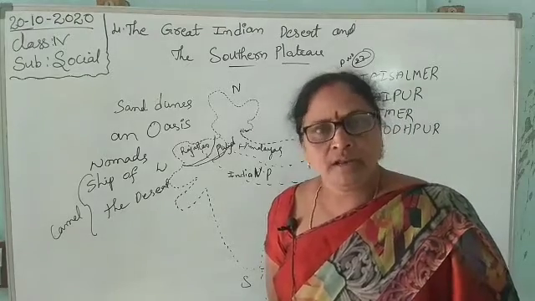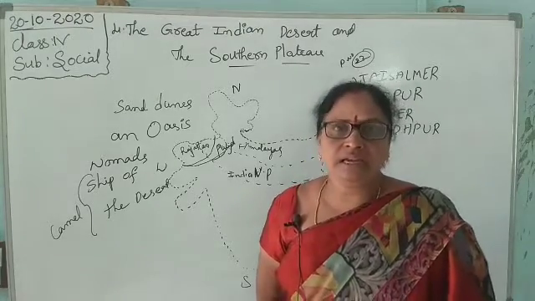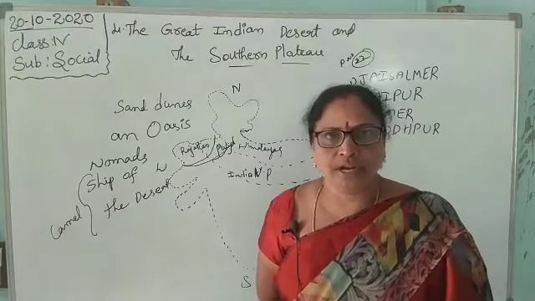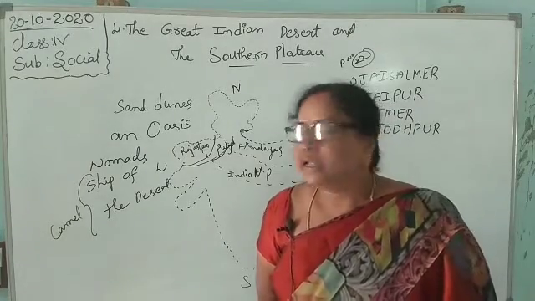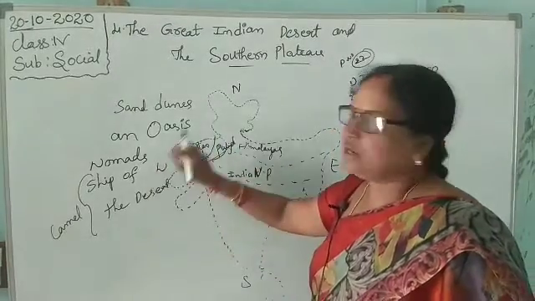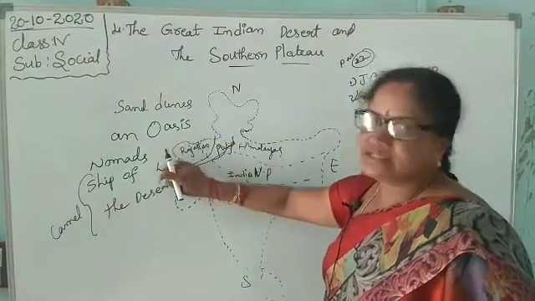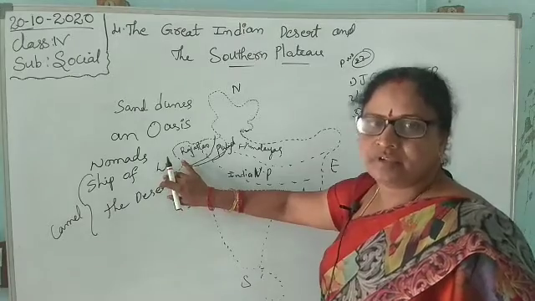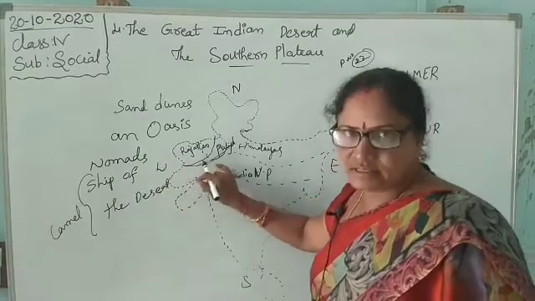In our India also a Great Indian Desert is located. Where is it located? It is located in the northwest part, in the west side of India, in Rajasthan.